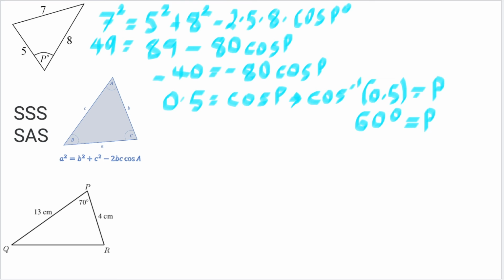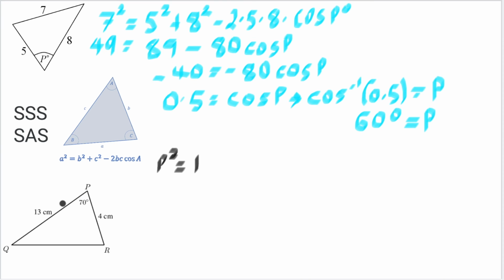So now let's see how we're going to use the cosine rule to find the missing side here. I know we're looking for the missing side because in this arrangement, cosine rule is the only sensible rule to use. So we're looking for this side, QR. Since we're looking for side QR, I'm going to label that side P, and P squared is equal to B squared.